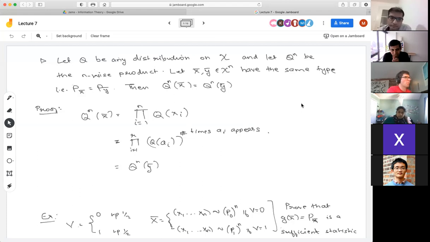So it's just because each term of the product only depends on whether it's A1 or A2 and so on. In particular, if all the terms are A1, then the probability will be Q of A1 to the n.